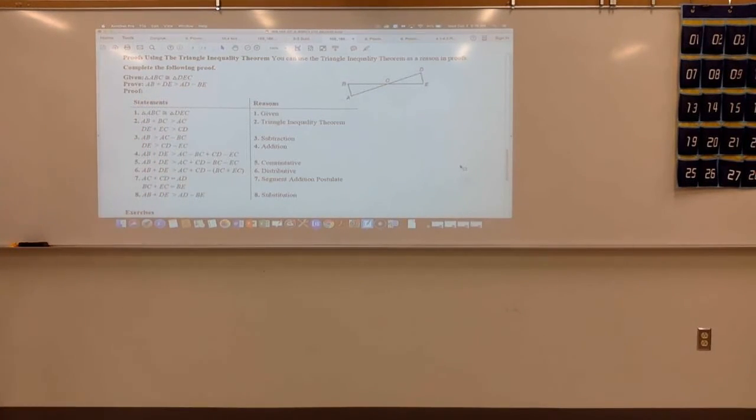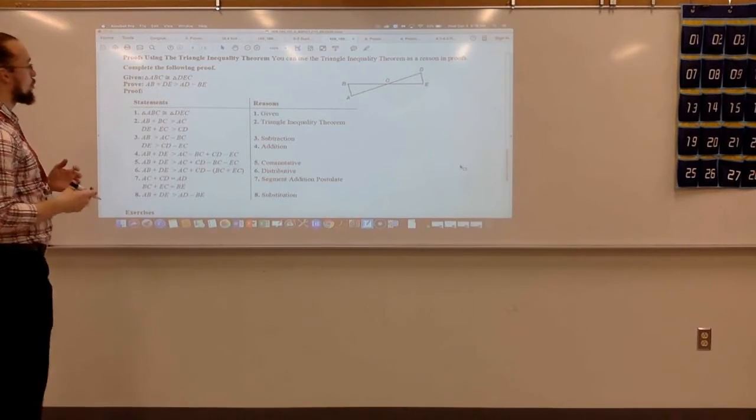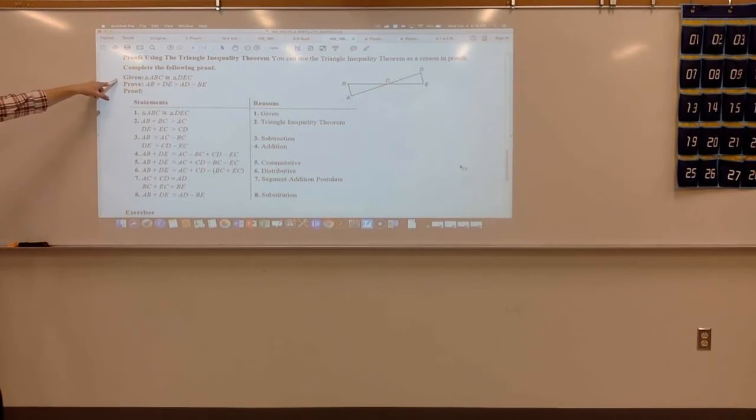Proofs like this, we're not going to write entire proofs like this, right? If we see proofs like this, it's going to be like the example on the bottom where there are a few missing pieces, right? So, let's go through one of these together here.